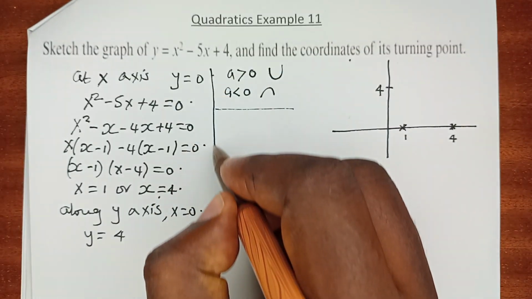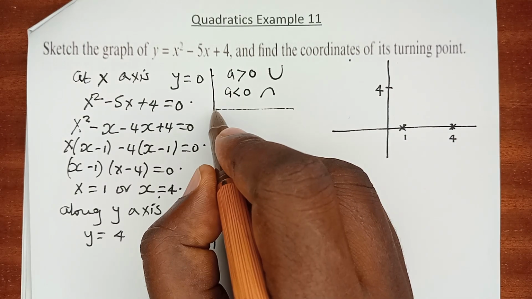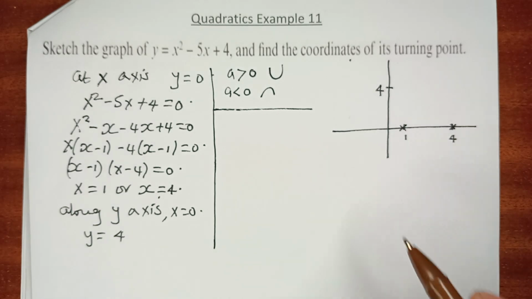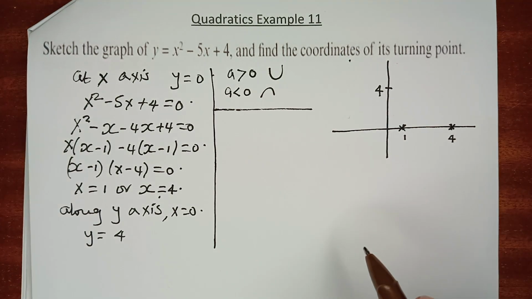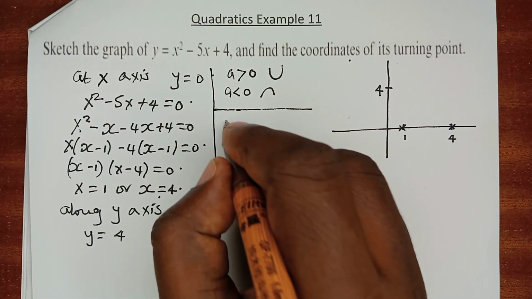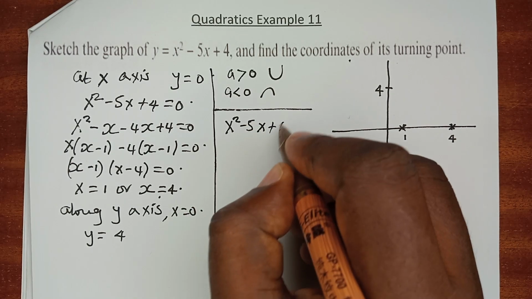That notwithstanding, let us now go to how we get the turning point, because it's a question. To easily get the coordinates of the turning point, we can directly complete the square of the function x squared minus 5x plus 4.